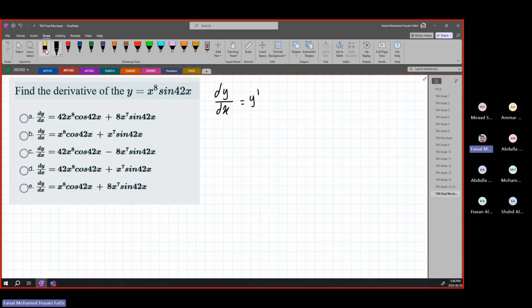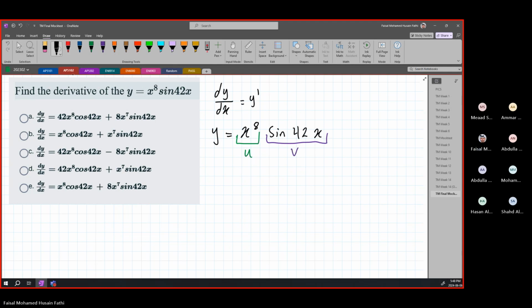But in this case, what do we have? Our question is y is equal to x to the power 8 sine 42x. Here we have two functions multiplied by each other. So this is going to be our u, and this is going to be our v. This is the product rule.